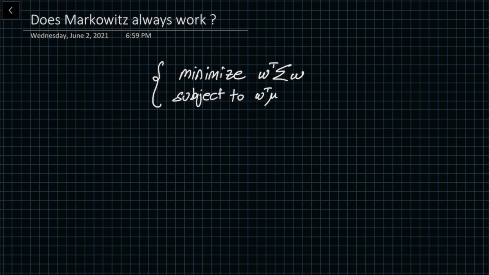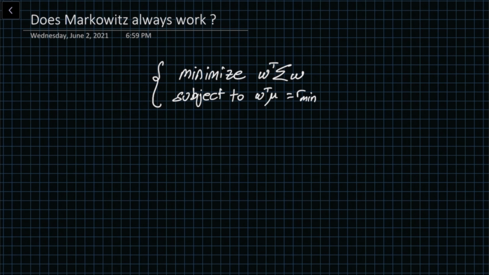That is, I'm going to minimize my risk, that is W transpose sigma W, subject to only one strict constraint. This is one valid variation of the Markowitz portfolio optimization problem. It's when you say W transpose mu equals R min.